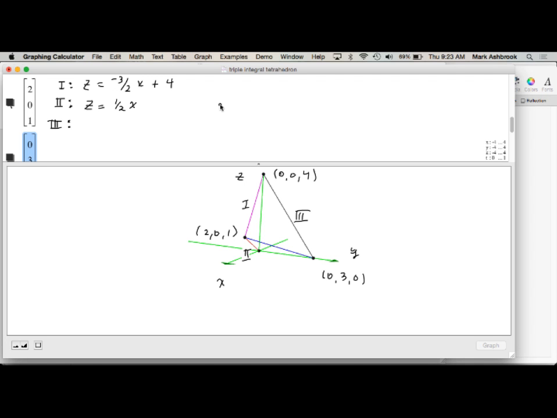So z equals 1/2 x. Okay, last one, line number 3. Z equals 4 minus 4/3 y. Let's check it. If y is 0, z is 4. If y is 3, z is 0. That's right.